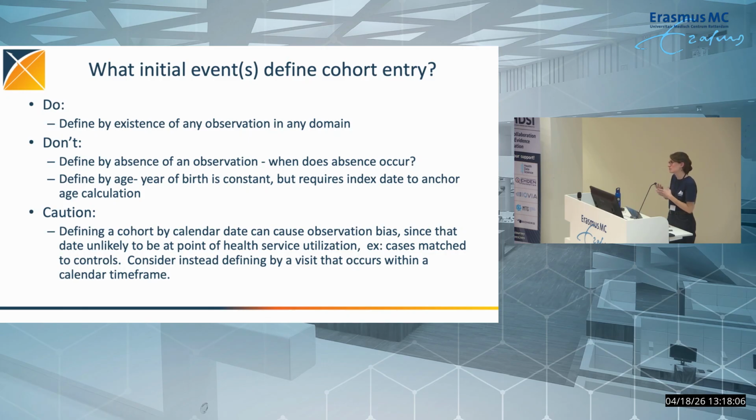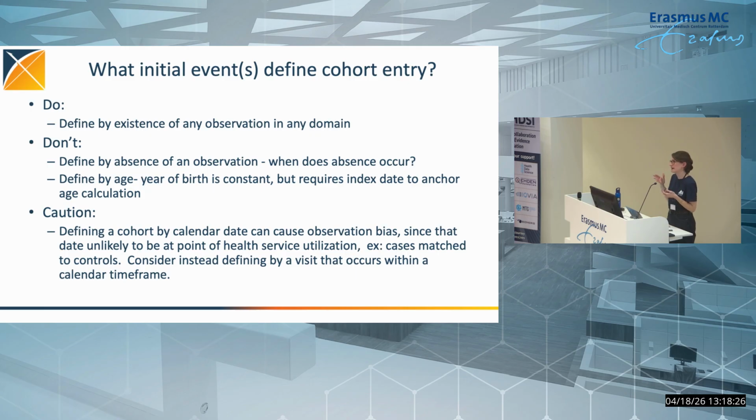And also, we should not be defining the cohort entry by age, because age requires being anchored to a time index. And finally, we also have to be very cautious when we are defining a cohort entry by calendar date, because we can cause observation bias.